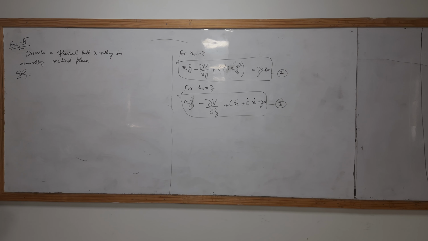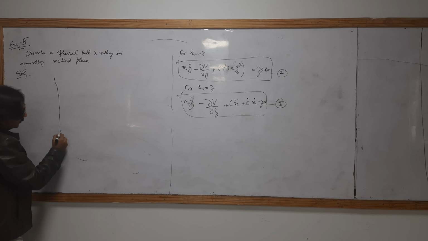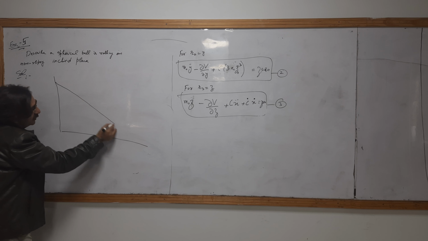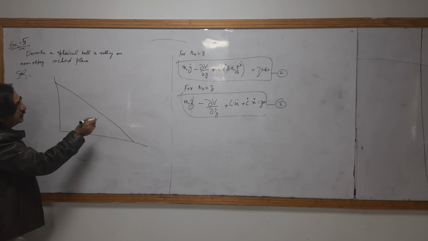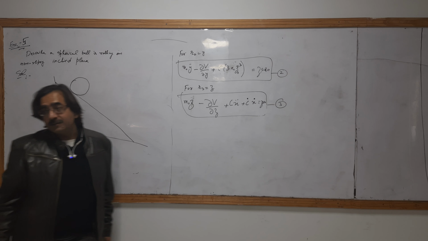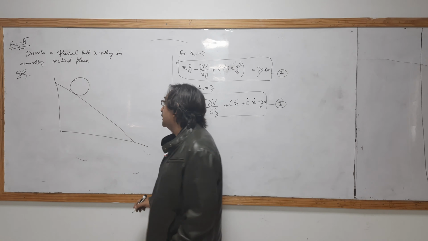As I have already explained many times, suppose this is a 2-dimensional plane, the inclined plane, and this is a sphere.